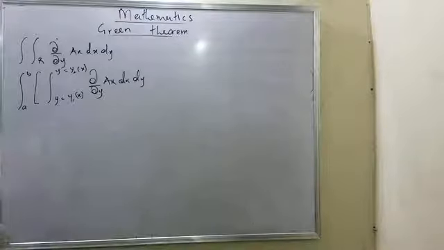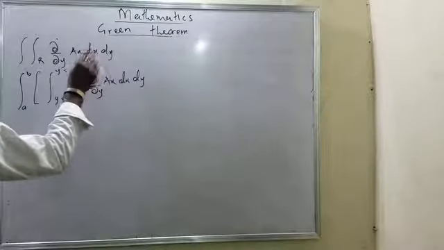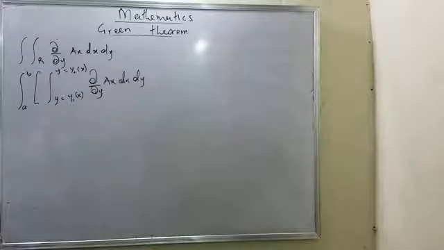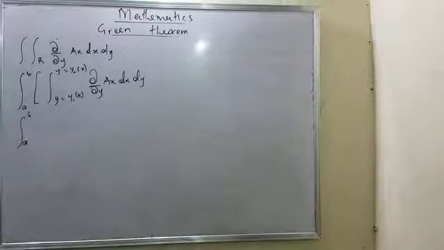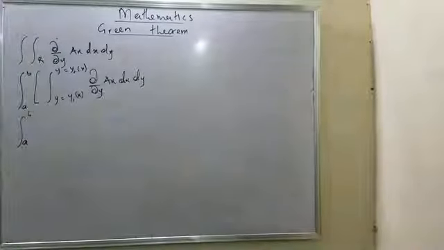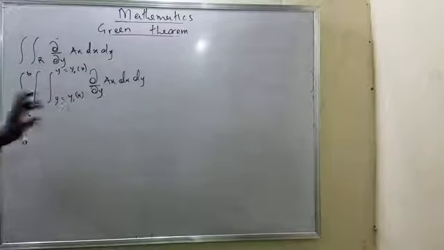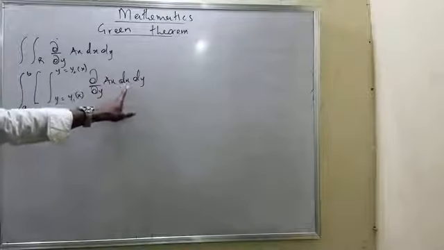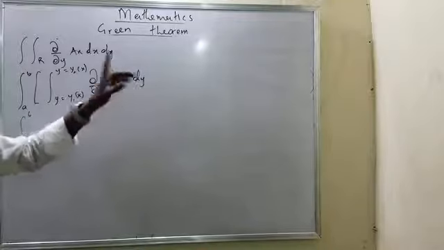Now, since I have it this way, I've set up my limits. I will integrate this on its own. It means I will first go with respect to y. This is a double integral, for information, with respect to x and with respect to y.